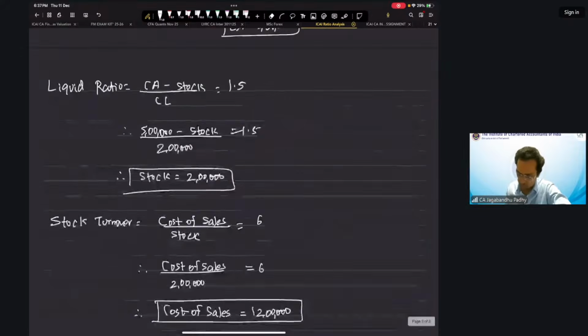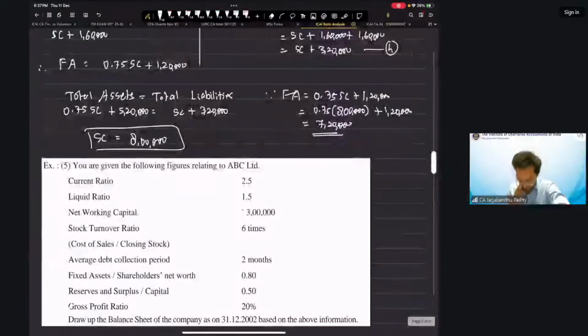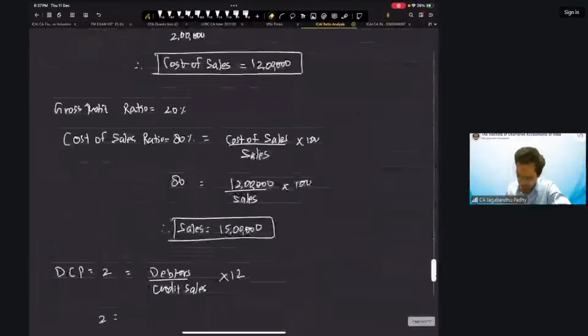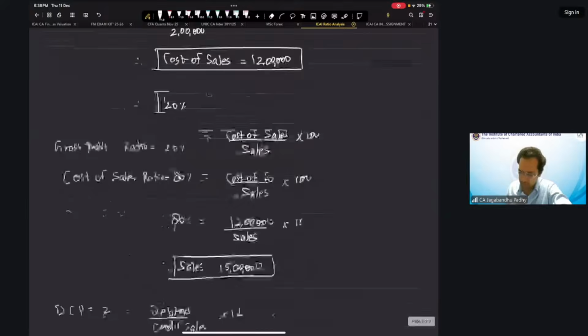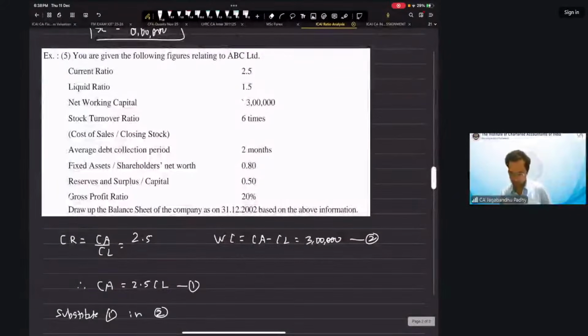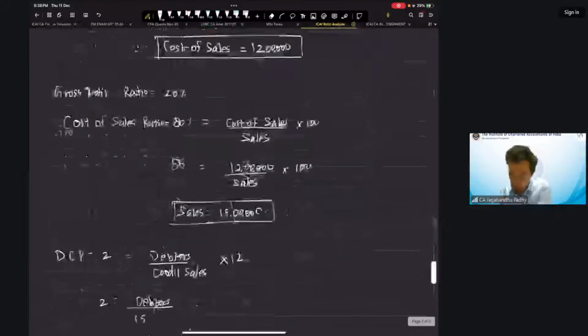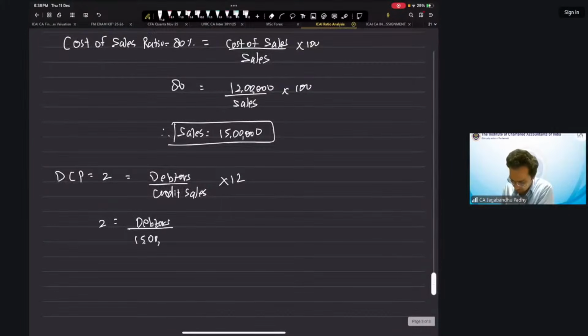So 2 will be equal to debtors upon credit sales. Now the entire sale we can assume to be on credit, because there's no information about how much proportion of sales is on credit. So we'll say this is 15 lakh into 12.